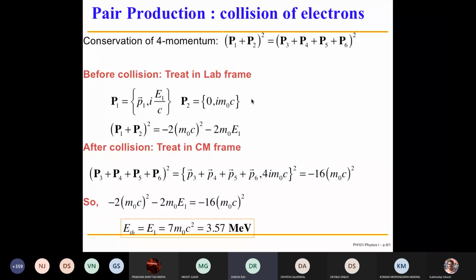For example, from this problem itself, you can figure out that if you had only focused on the 3 momentum, this would not have been possible at all. First of all, you cannot treat the before collision and after collision in different frames. And second thing is, if you try to express things in center of mass frame, calculations would have been extremely messy.